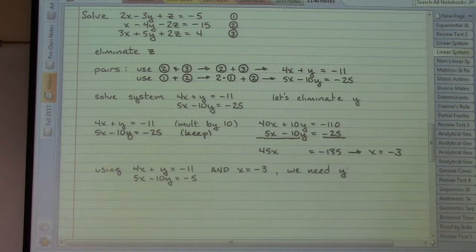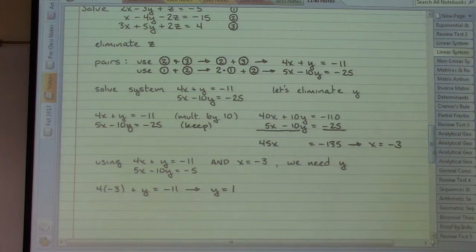The first equation is certainly much nicer for us to utilize with that goal in mind. 4 times negative 3 plus y is equal to negative 11. Means that we would end up getting y is equal to 1. Well, that's rather nice as well, so things working out very friendly towards us.